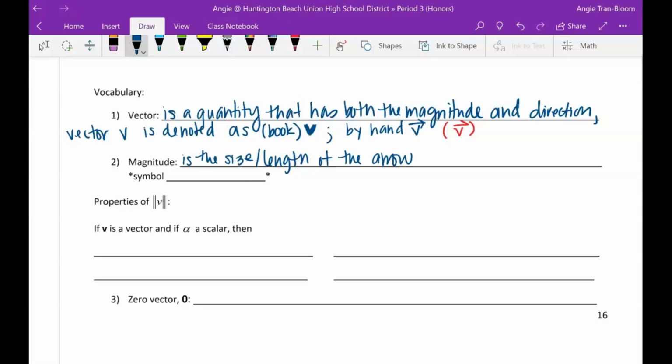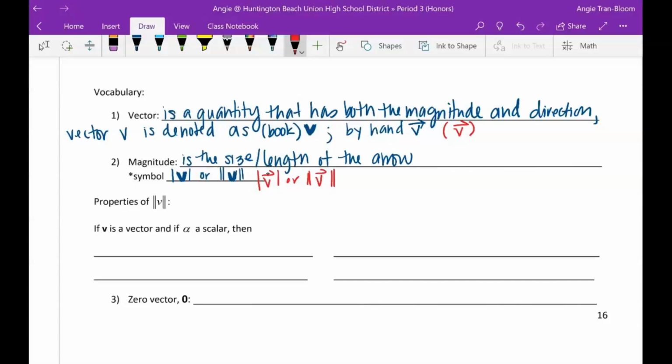The symbol of magnitude, which we studied last time, is the absolute value of V. In your book it's the absolute value of this bold letter, using double bars. Now when I'm writing it, I write it like this, or just to keep it similar to the book, I do that.